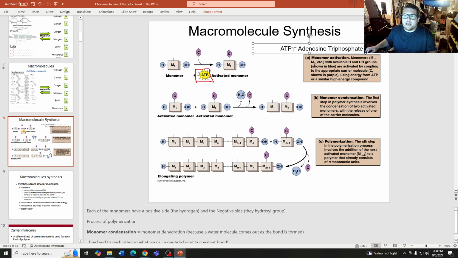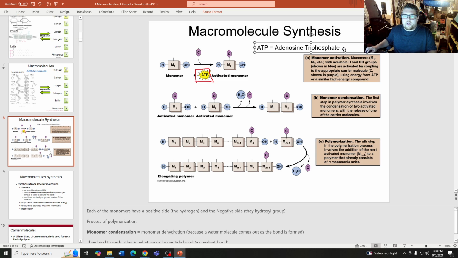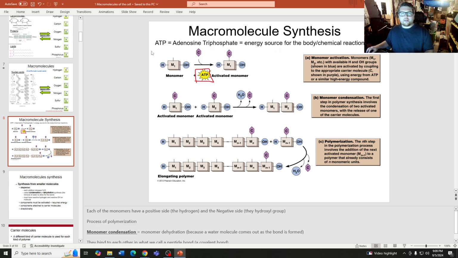This is our energy source of the body. Pretty much all of our energy as well as any other kind of chemical reactions, the energy that we need for it is coming from ATP, adenosine triphosphate. A lot of biochemistry this trimester, a lot of your units is going to literally just talk about how we make ATP for all of the other stuff that we need.